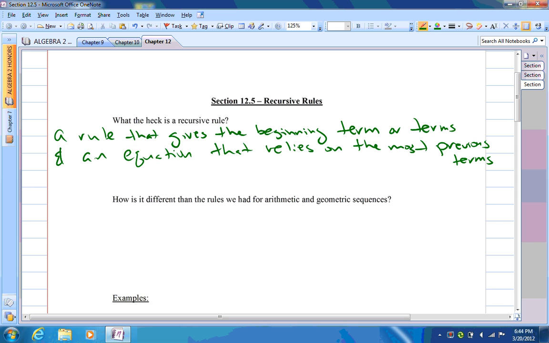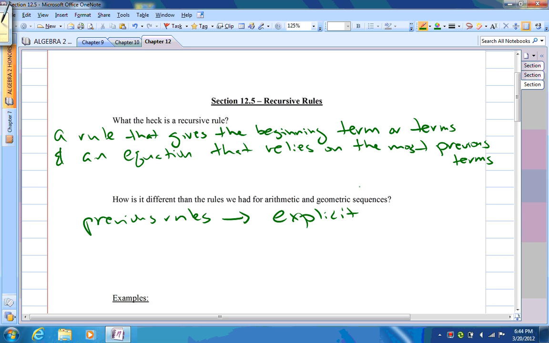I'll do an example of a recursive rule very shortly, but it's something where you're given the first term or the second term, and then there's an equation that relies on what you know already to help you get what comes next. How's it different from the rules we had for arithmetic and geometric sequences? The previous rules were explicit.